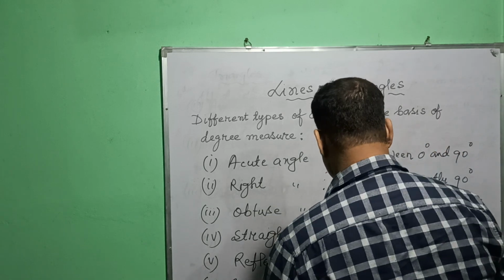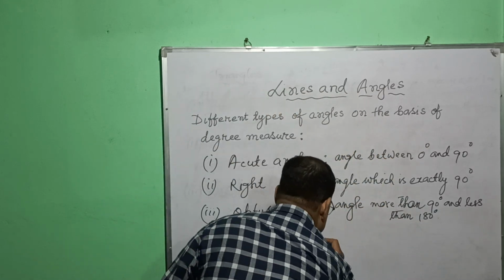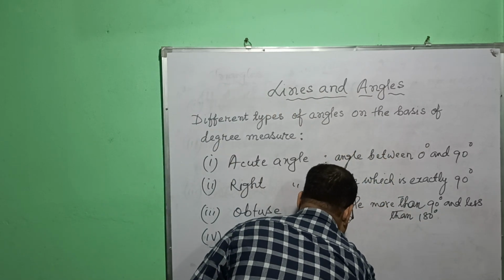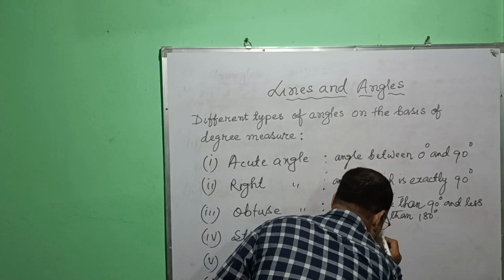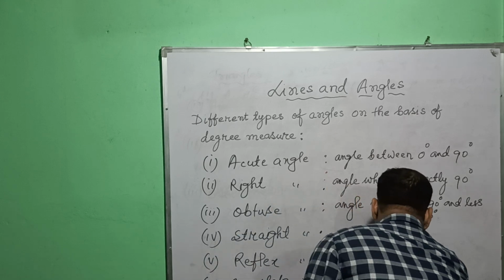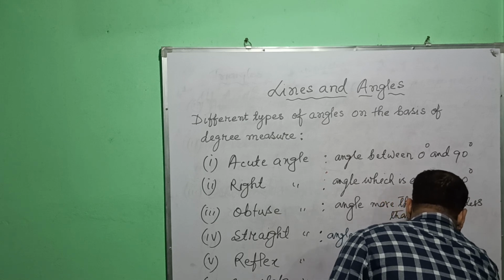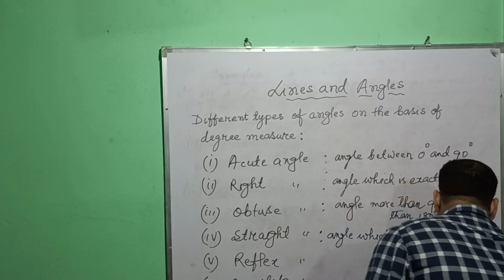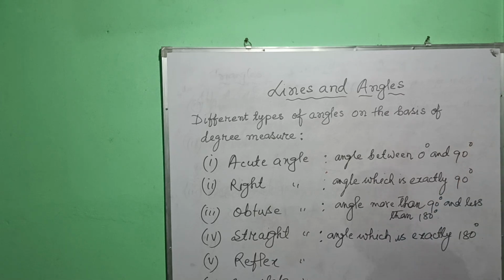Then straight angle. So straight angle also again like right angle. So we can write angle which is exactly 180 degree is called straight angle.